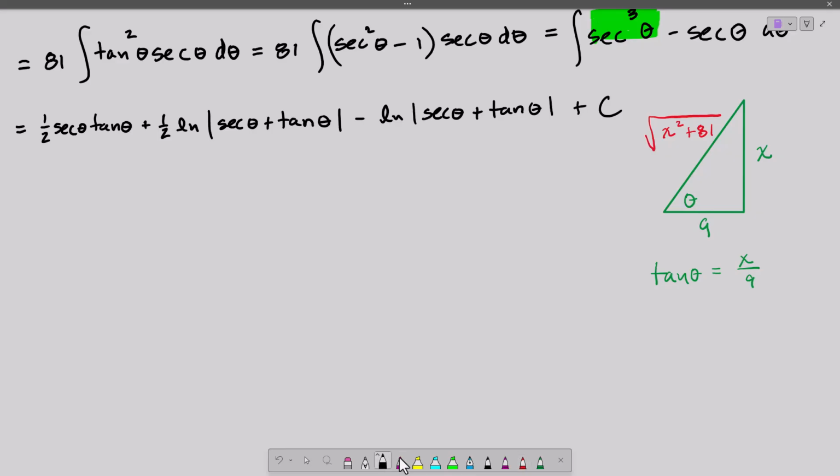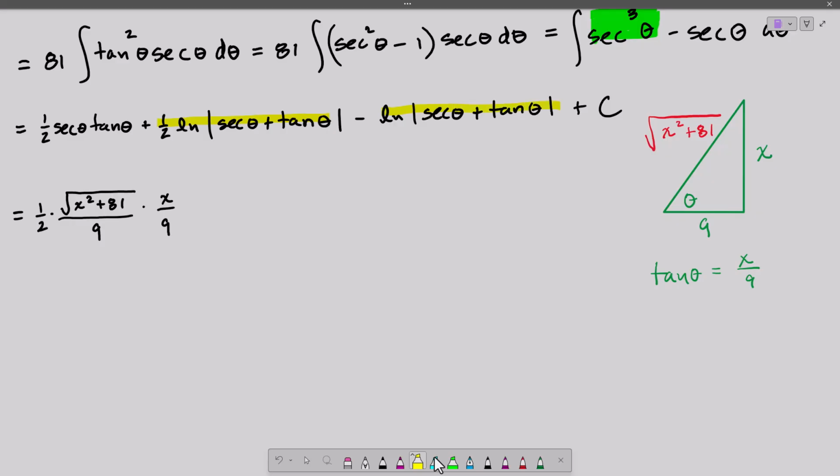And let's start filling in the blanks over here. So we have 1/2 secant of theta, which is hypotenuse over adjacent. Tangent of theta is x over 9. And now we're looking at these two, and they are like terms.